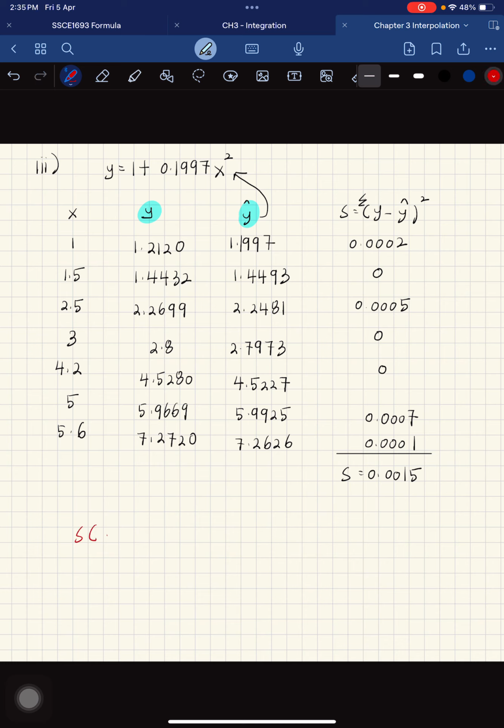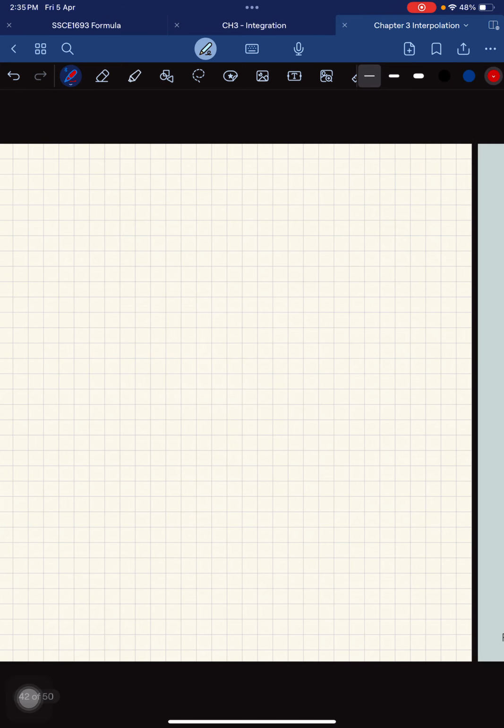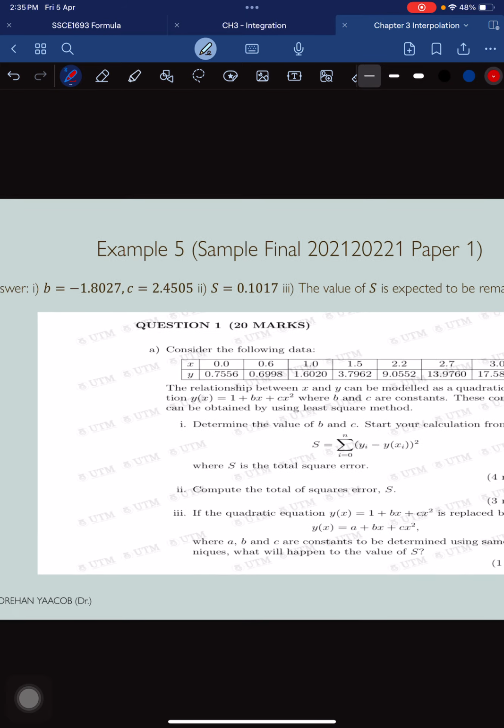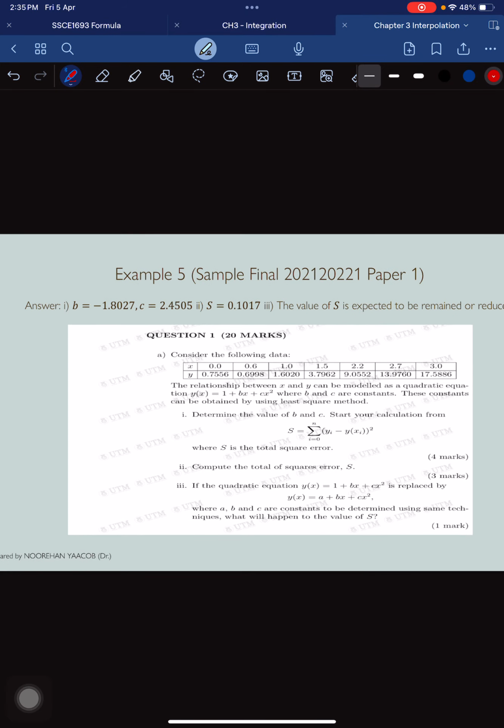S for number 1 is equal to 1.1256, but for number 2 we only get 0.015. Therefore, equation number 2 is better because of minimum error.